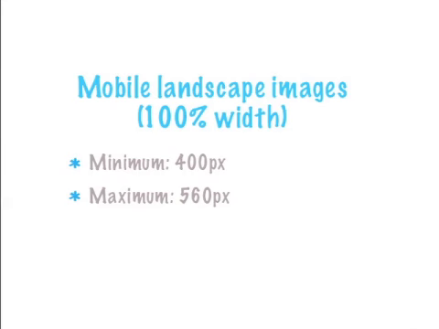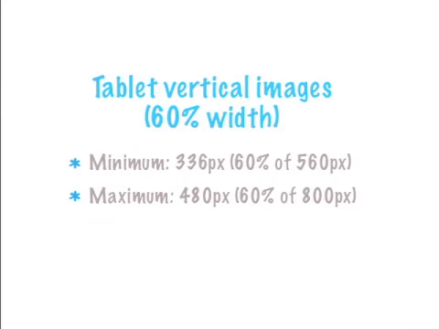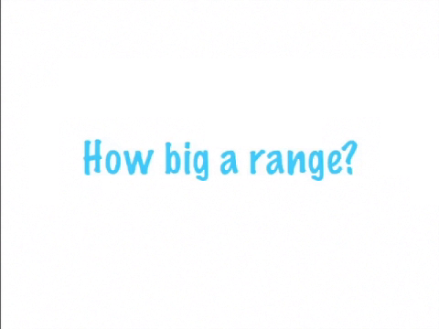If you had it at the largest size, it would be 560 pixels. Another example, if your tablet vertical goes from 35 ems to 50 ems, that covers viewports of 560 pixels to 800 pixels on average. But here your hero image only covers 60% of the viewport size. So that means your image range goes from 336 pixels to 480 pixels.